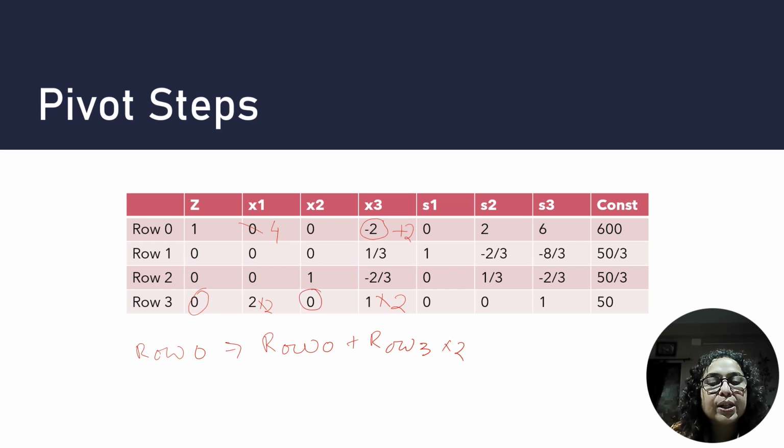Here there is no change. Here I have already made it. So this has become 0. There is no change here, no change here. Here there will be a change. So I multiply this with 2 and I add this and it becomes 8. And here there is a change. I multiply this with 2 and I add this. This becomes 100.